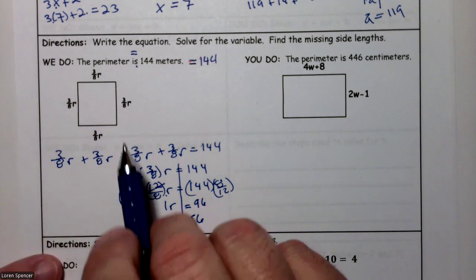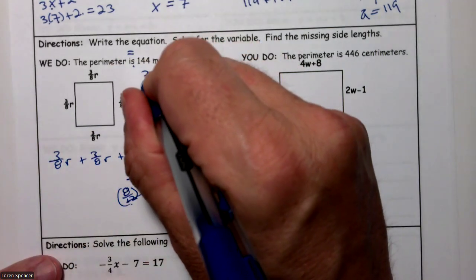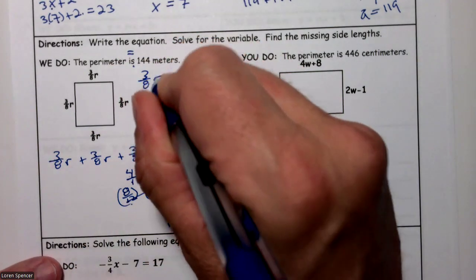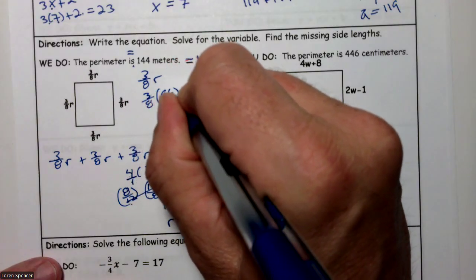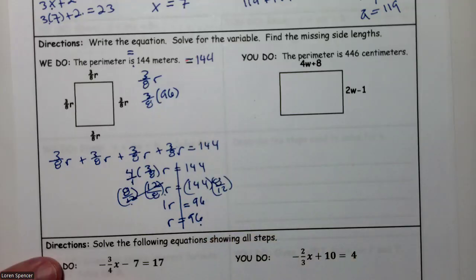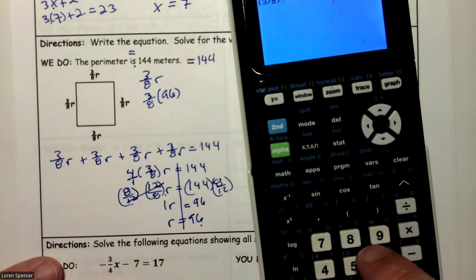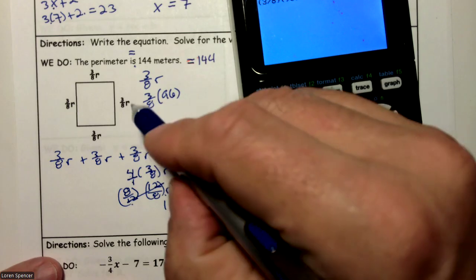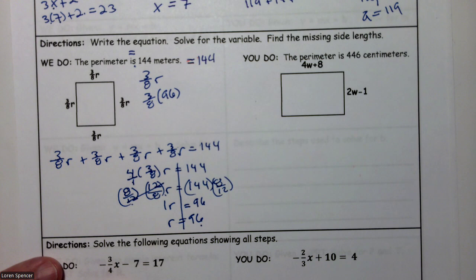I need to find out what the side length is. The side length is 3/8 R, so that's going to be 3/8 times, plugging in that 96 for R. So parentheses 3 divided by 8, and then 96 in parentheses. It really helps to put everything in parentheses. And we end up getting 36.